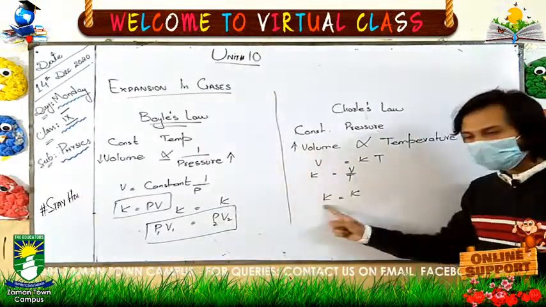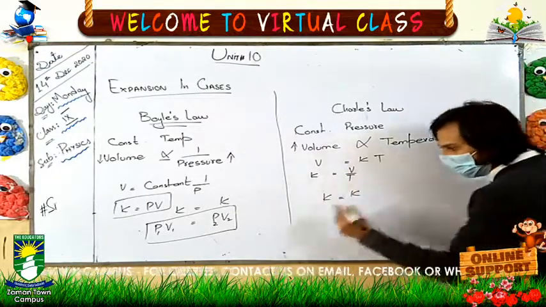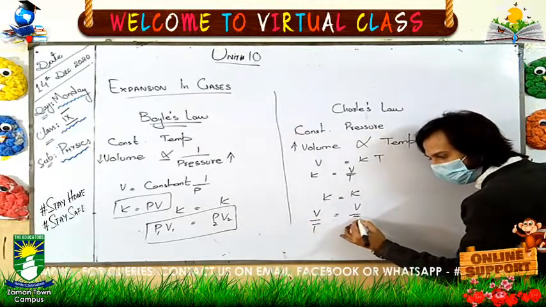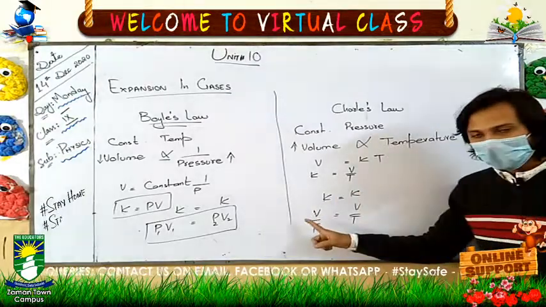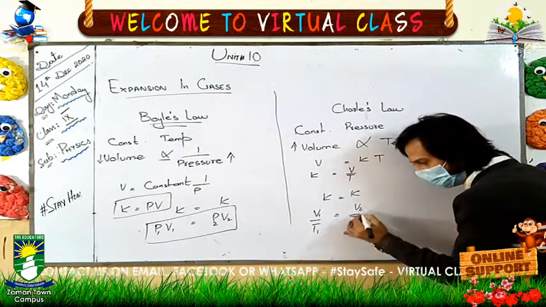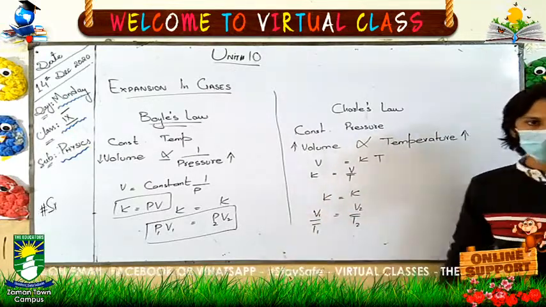The constant for the gas will remain the same because we are not changing the gas. In Boyle's law the constant was PV, but in this case the constant is V upon T, with one for the initial and one for the final. So I am putting 1 with the initial volume and the initial temperature.